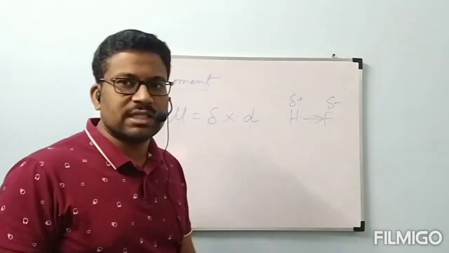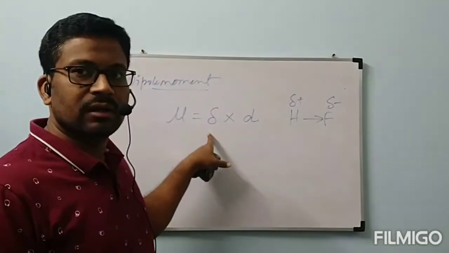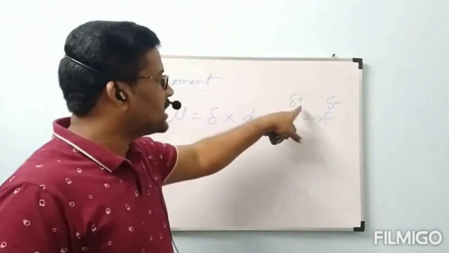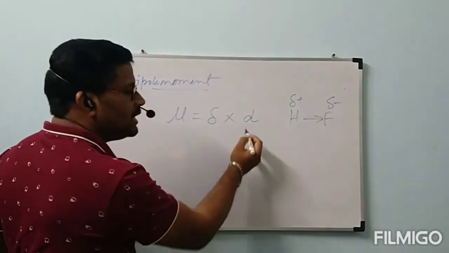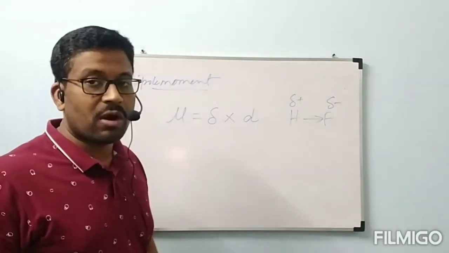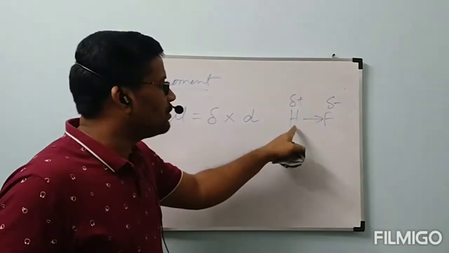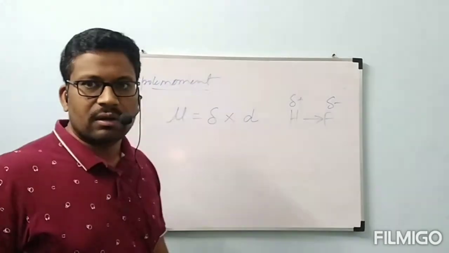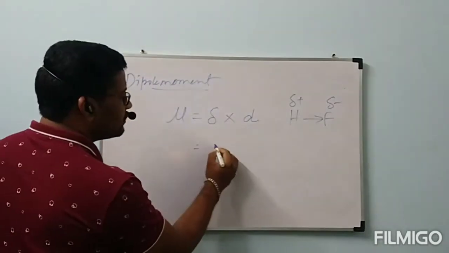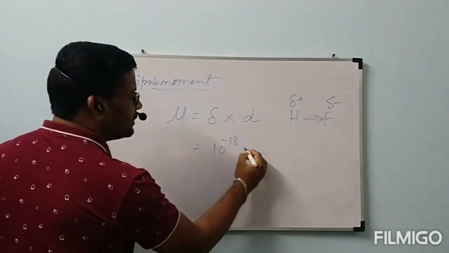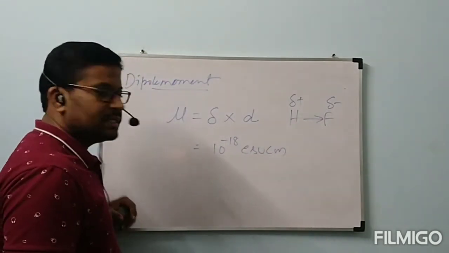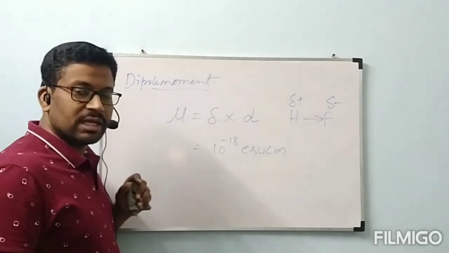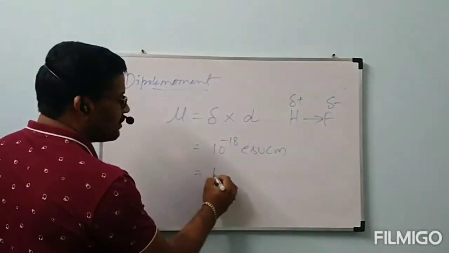How much positive charge is present on hydrogen, that is delta here. Numerically, charge present on hydrogen and fluorine are both the same. And d is the bond length, the distance between the nuclei of hydrogen and fluorine. The unit is 10 power minus 18 ESU centimeter, which is 1 debye.